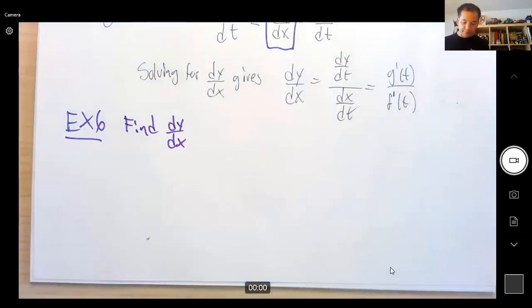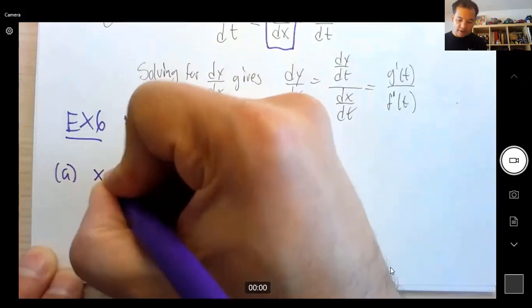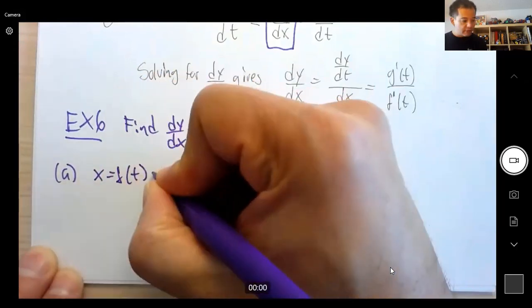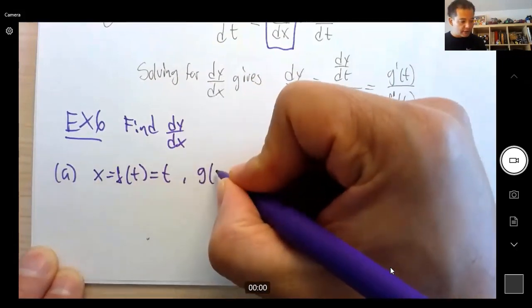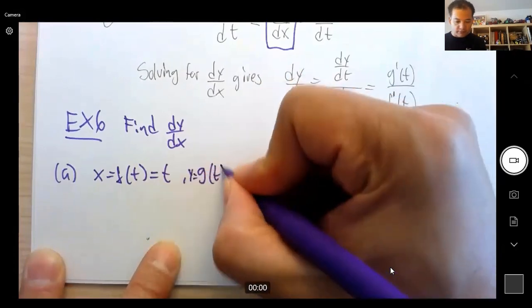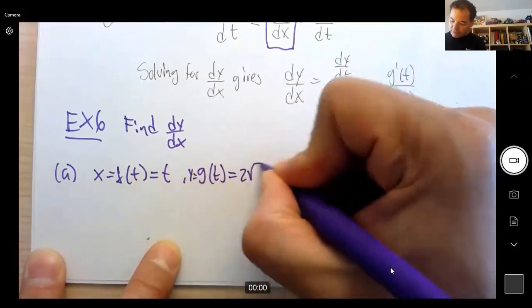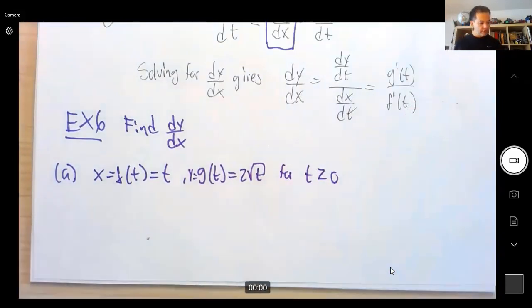And what do we have? Part A, x equals f of t is t, y equals g of t equals 2 root t for t greater than or equal to 0.